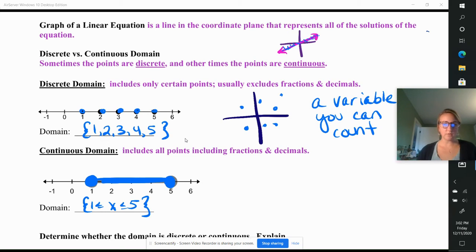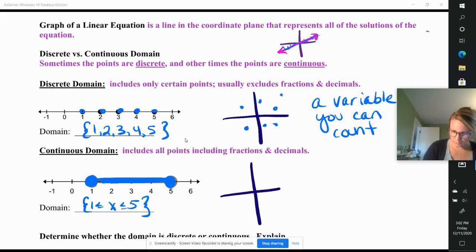Okay, it includes those values in between the values that we see as well. In a coordinate plane, a continuous domain would be a continuous line. And for the variable, it's a variable you can measure.